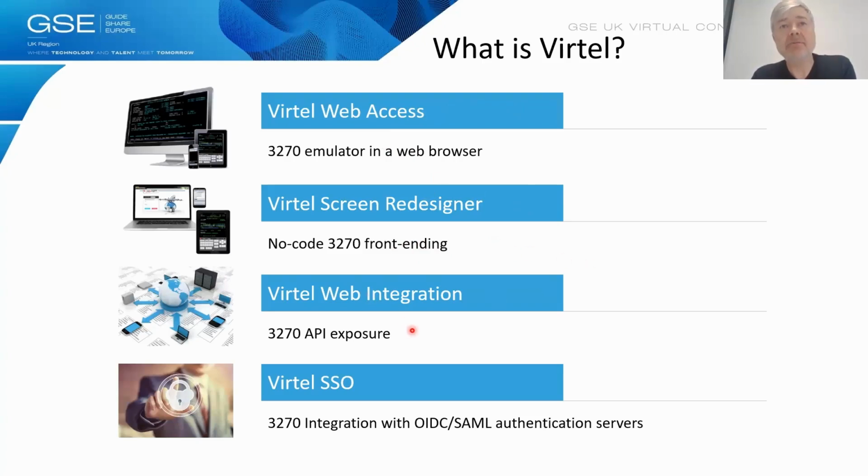Virtel Web Integration, which is 3270 API exposure, so it's similar to z/OS Connect, but for 3270 applications. And Virtel SSO, which is the ability to interface your 3270 applications with single sign-on platforms outside of the mainframe.